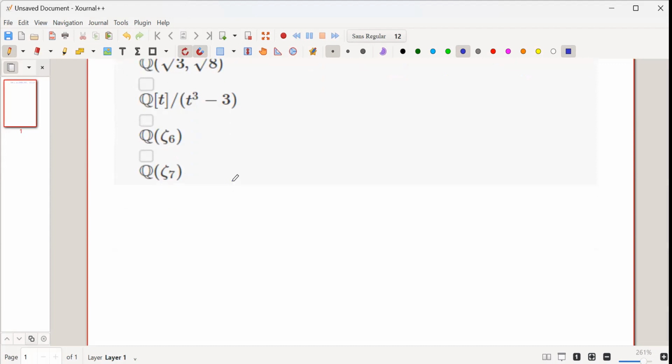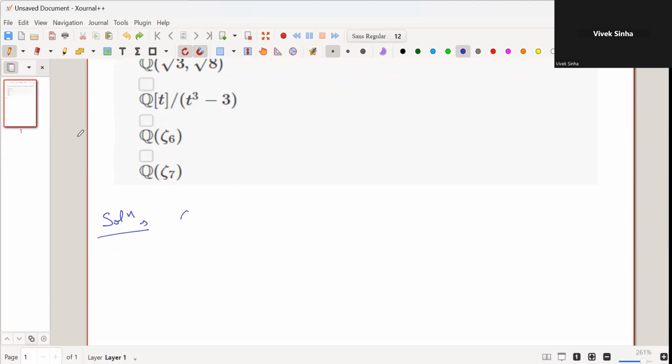So for that, let's consider the following tower of fields. This is for the first one. Some issue with this writing pad.